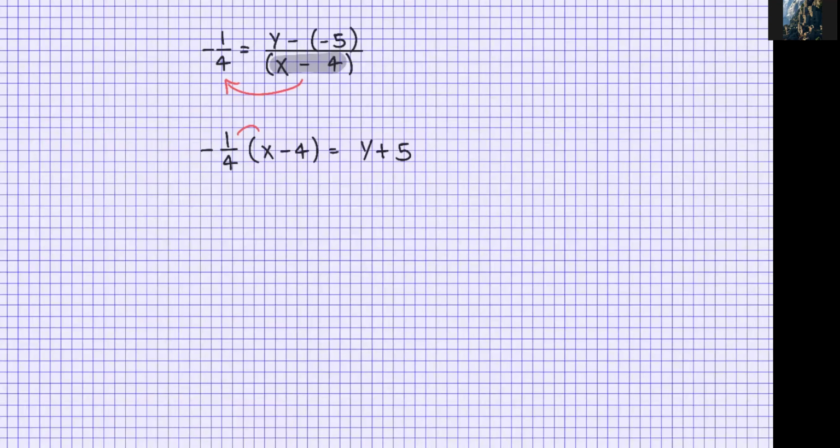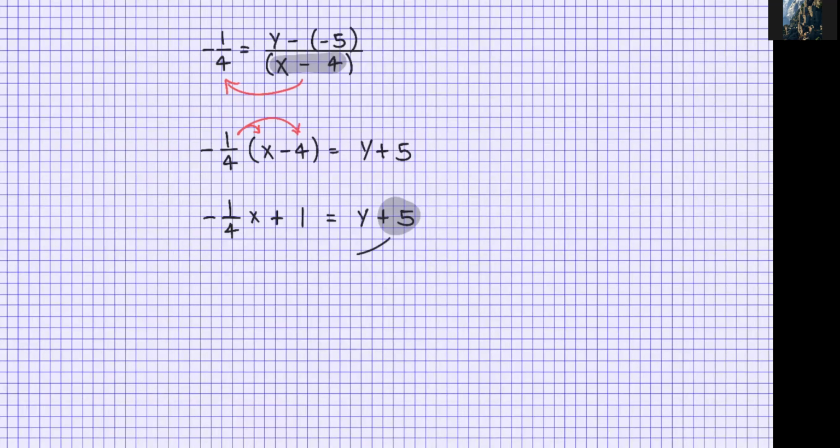We apply distributive property. So we have negative 1/4 of x plus 1 equals y plus 5. Now we isolate the 5. It's adding.